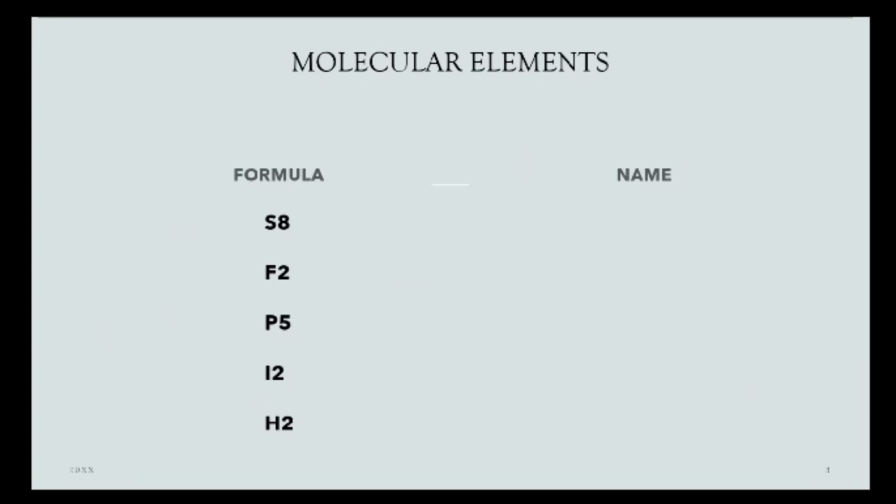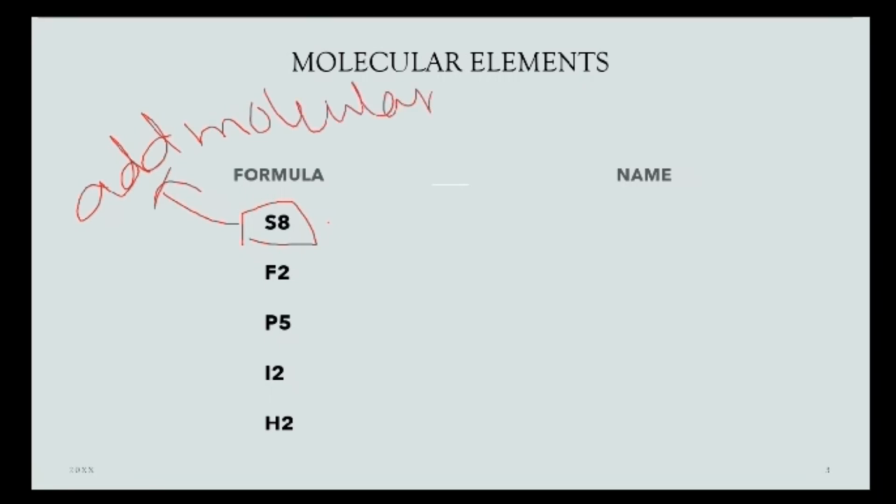Molecular elements have only one rule: add molecular before the name of the element. Here S is sulfur. There are 8 atoms of sulfur. That's why it is written as S8. So we will add molecular before sulfur to name the entire molecule.